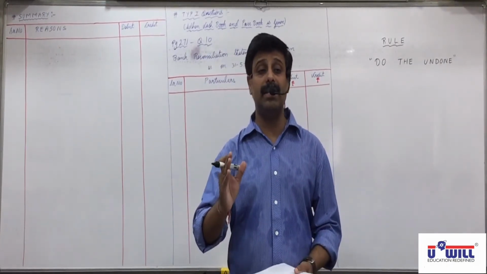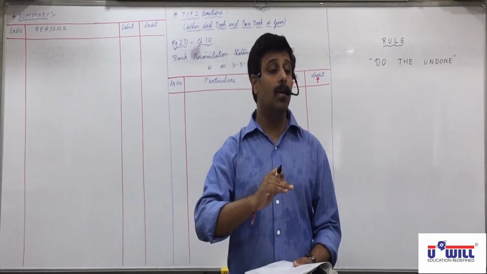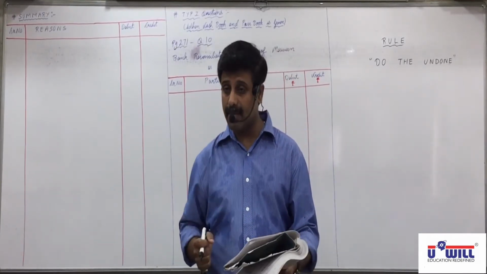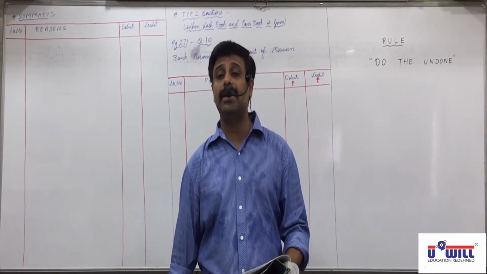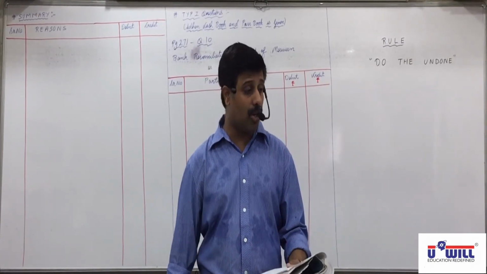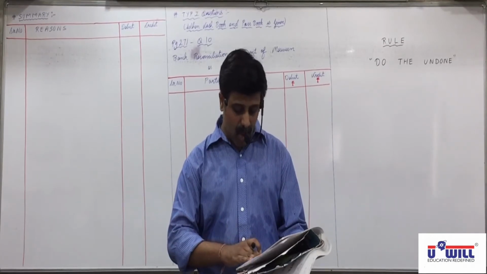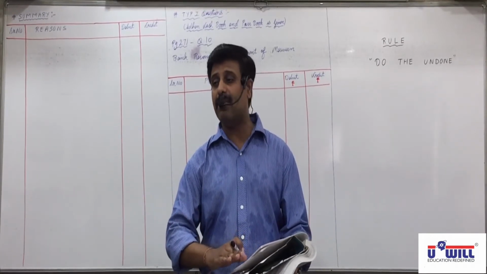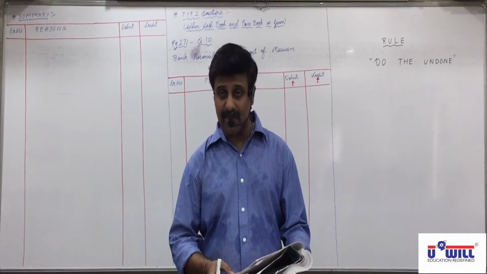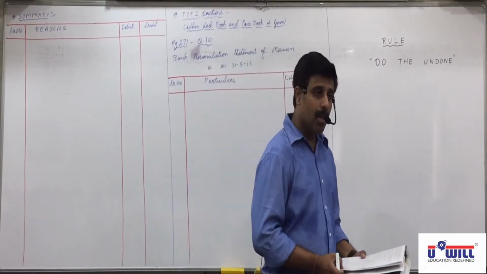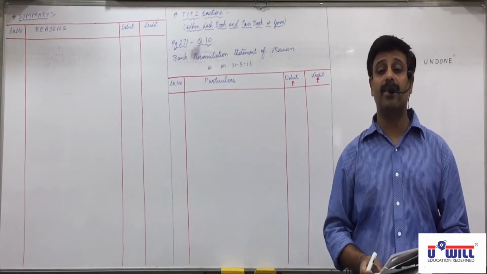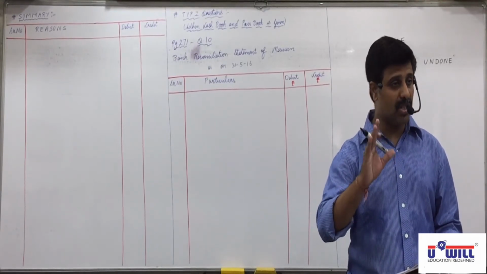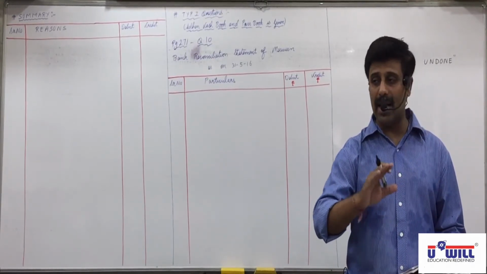Bank balance means receipts are more than payments. If 12,600 is remaining on credit side, then are receipts more than payments or not? Receipt side total 28,800 is more than payments. Therefore, you have difference of 12,600. So, is that 12,600 a bank balance or bank overdraft? Bank balance, because receipts are more than payments.